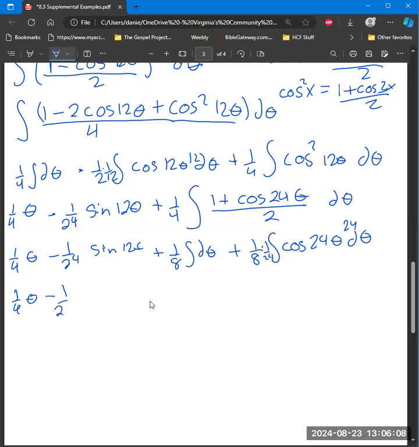So 1/4 theta minus 1 over 24 sine of 12 theta plus 1/8 theta plus, this is 192, I believe, sine 24 theta. Yep. And then plus c.